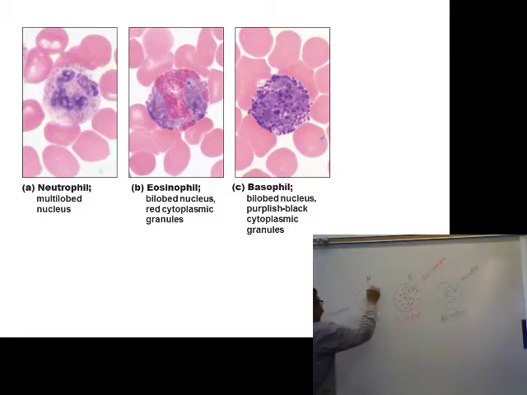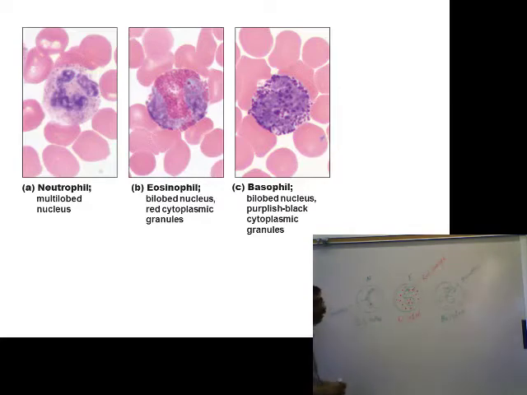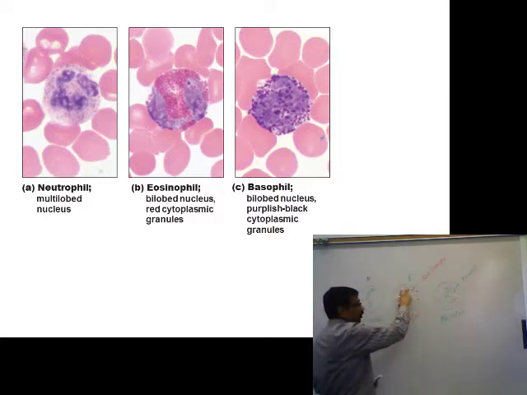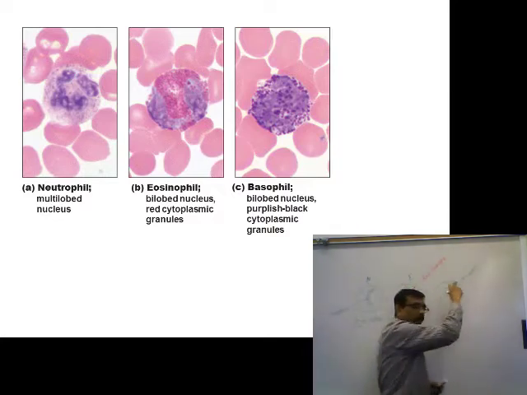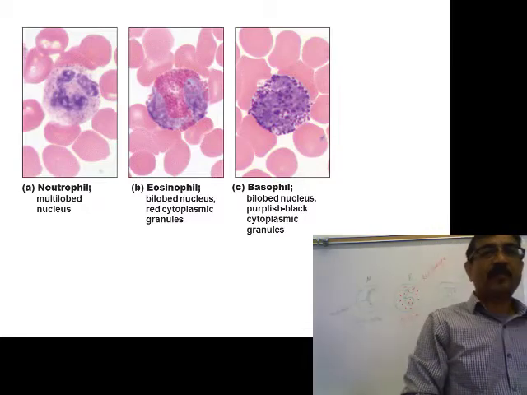Remember, the nucleus always takes bluish, purple color. So all nuclei will be bluish. By looking at the granules, you have to decide which one is what. If you see the granules are pale, that is neutrophil. Red or orange, eosinophil. Purple or bluish, basophil.